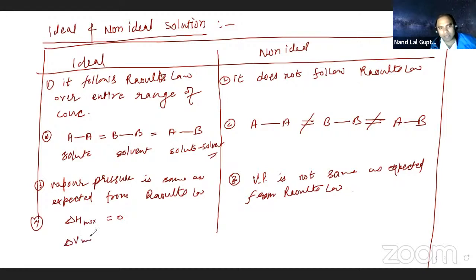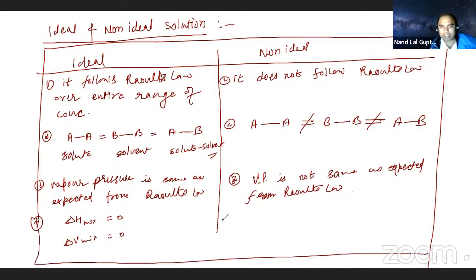Delta V mixing, nothing will happen, no change in volume. But in the other case, non-ideal solution, delta H mixing will never be zero, and delta V mixing will never be zero. It can be more or less.